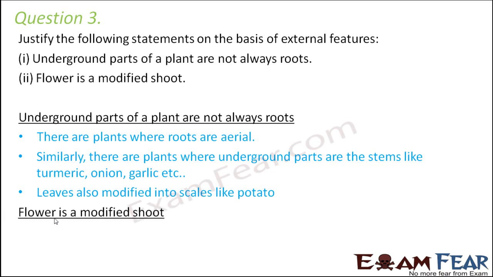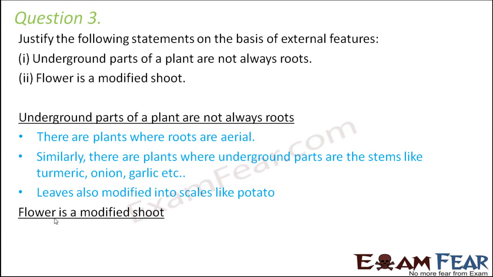The second one is: flower is a modified shoot. What is flower? Flower doesn't come magically in a plant. In a plant, we have 2 systems. One is root system, the other is shoot system. Now, the part of shoot system is the branches, the stem, the leaves, the flowers, the fruits. Now fruit, seeds, they all come from flowers, right?